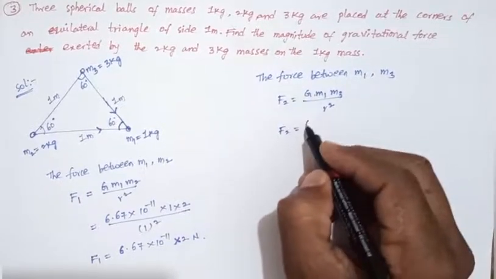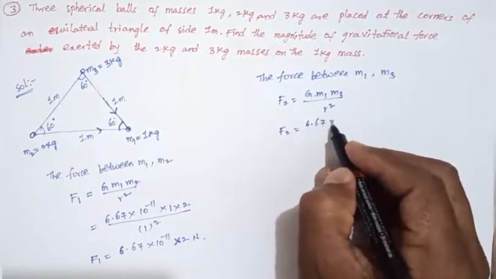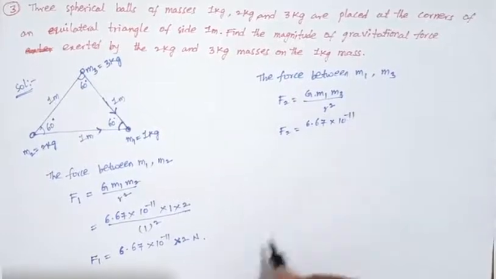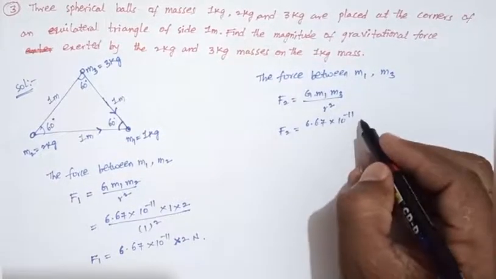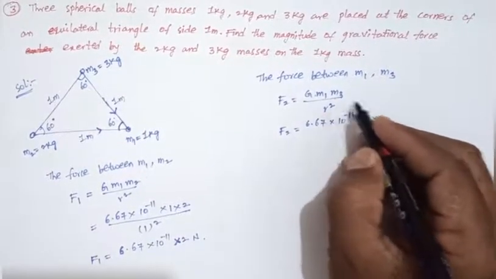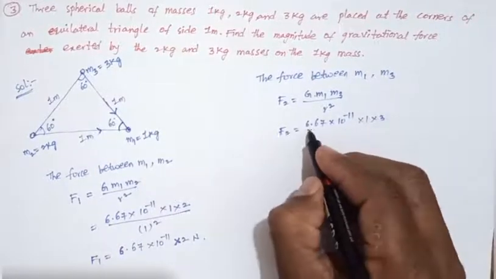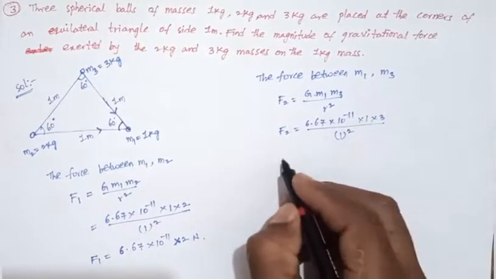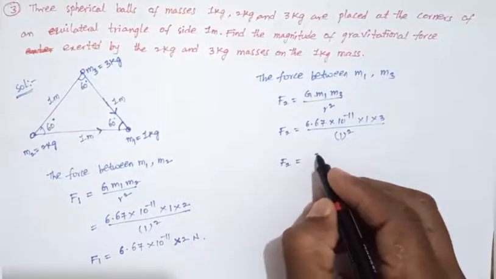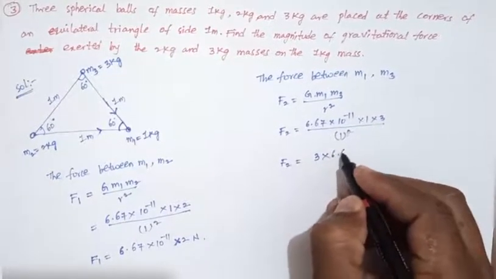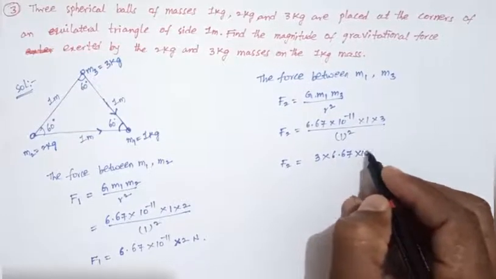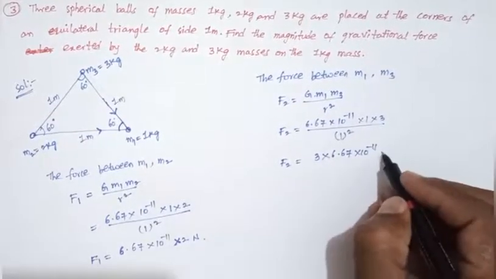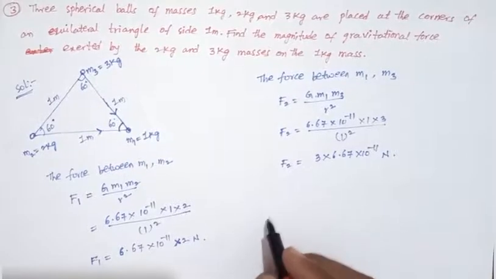So F2 equals 6.67 into 10 to the power of minus 11, m1 equals 1, m3 equals 3, divided by 1 square. So F2 equals 3 into 6.67 into 10 to the power of minus 11 newtons.